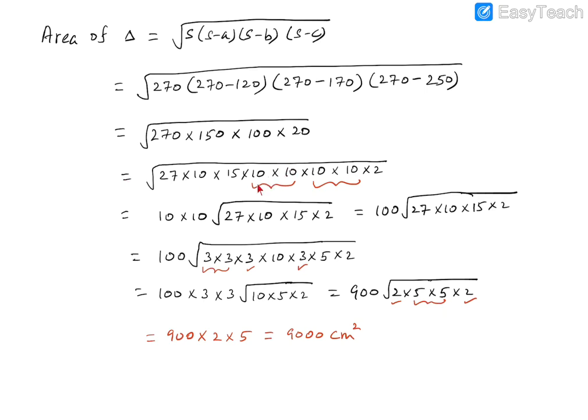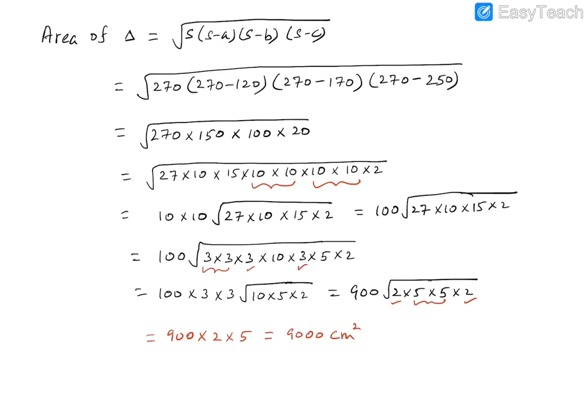So each pair can be taken outside the square root, because 10 into 10 is 100, the square root of 100 is 10, and so on. So if we simplify it this way and keep breaking it down, the computation of the square root becomes easier, rather than first multiplying all these numbers and then trying to evaluate the square root, which will be a bit of a challenge.